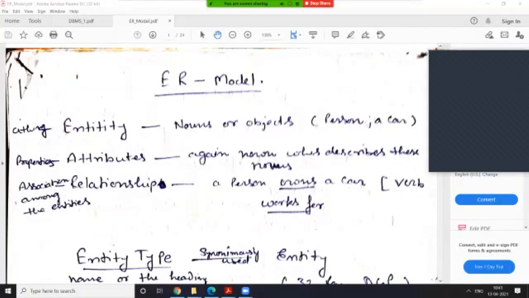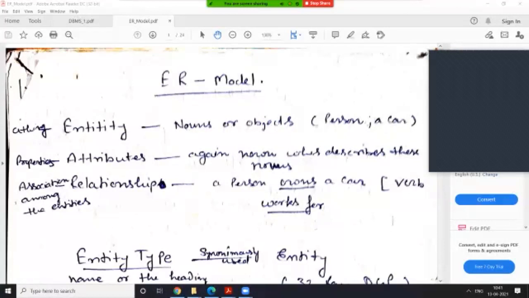Whenever you are representing any kind of ER diagram, you are actually representing the entity set, but as entities are part of the entity set, you can use them interchangeably. Generally we use the word entity, but actually that rectangular diagram is the entity set, representing the collection of entities rather than a single entity. Okay, that is the meaning.